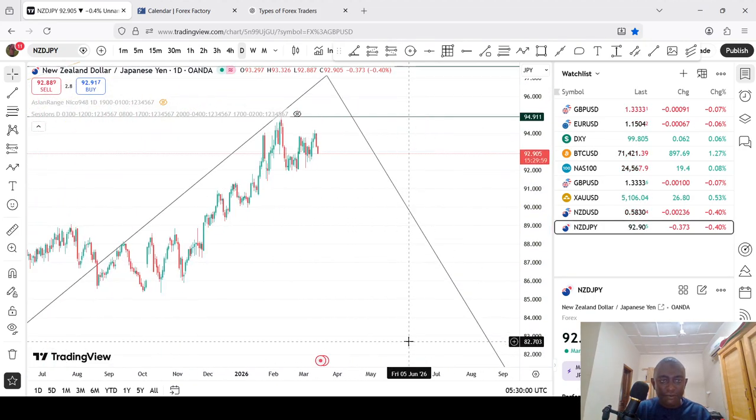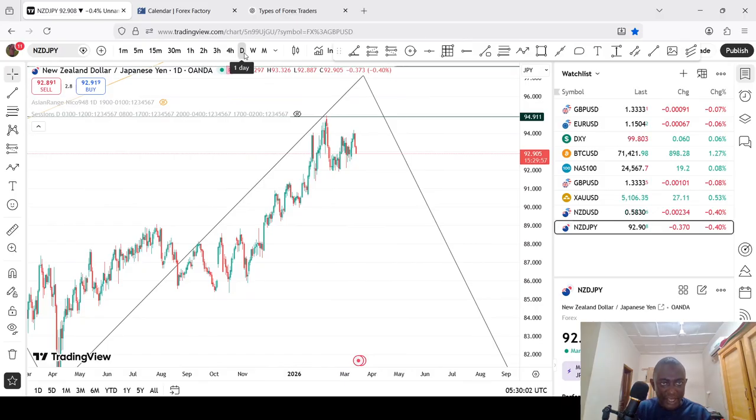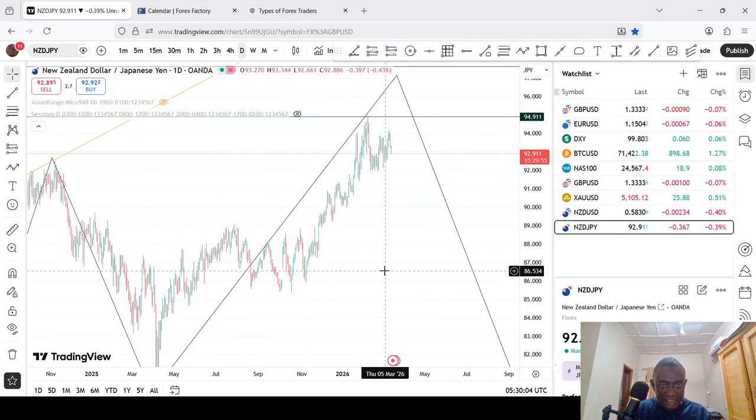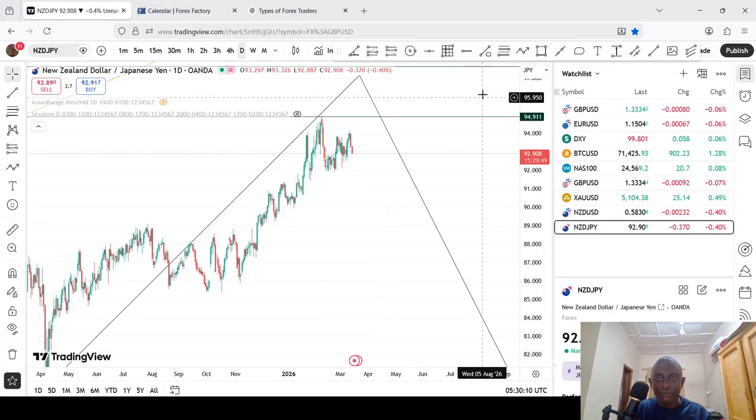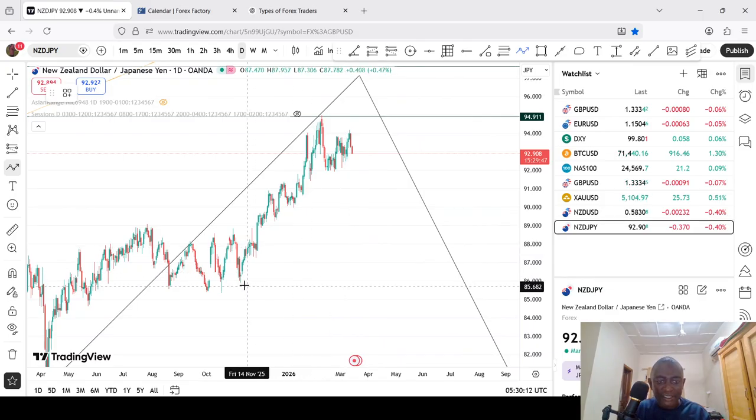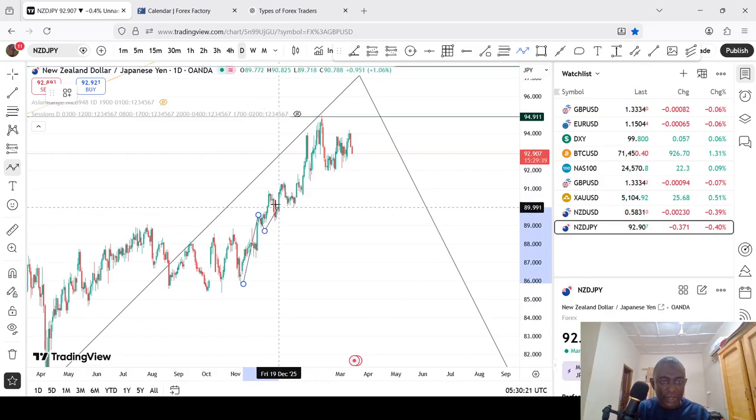With the lower time frame too, we have switched to the daily. What you should be interested in is looking for patterns, the same pattern. So here we have price going up all the way here, then to this part, all the way here, then to this part.